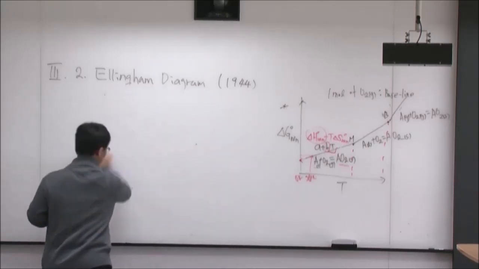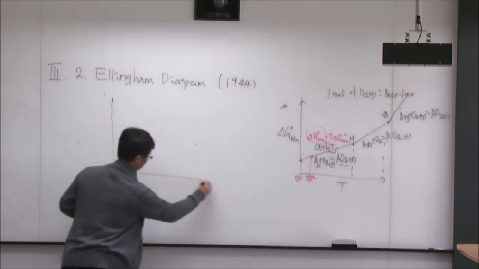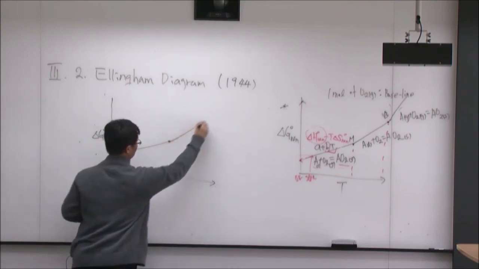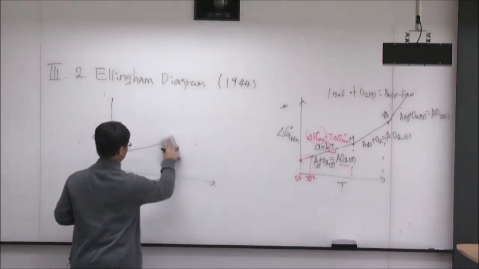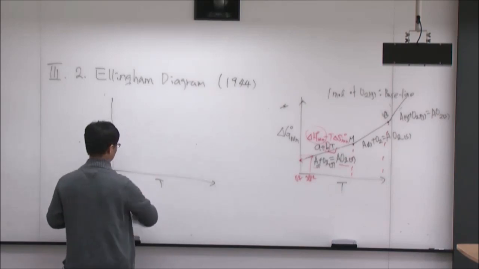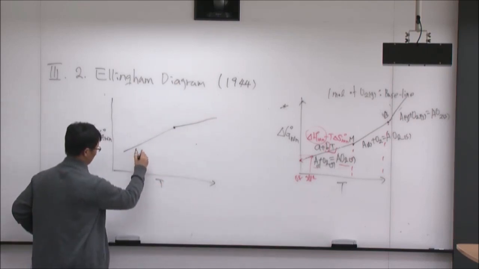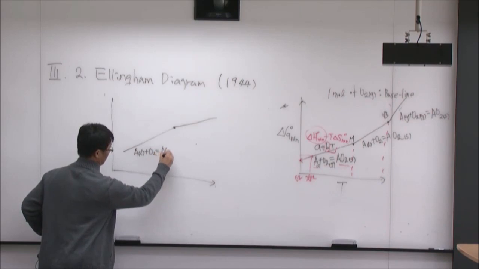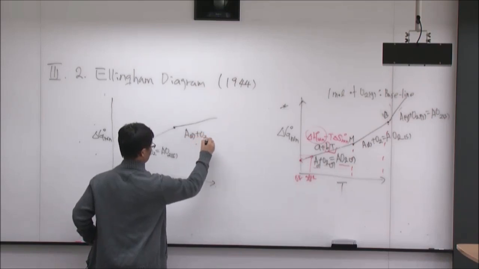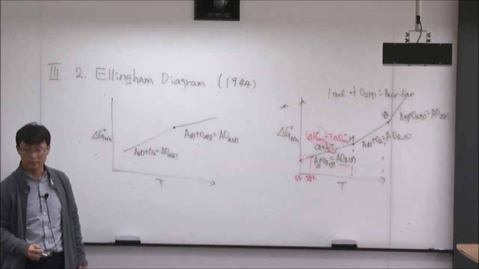Of course, there's also a chance for the oxide to become liquid phase too. So when that happens, for example, let's assume this T, when A is liquid, you can have this case too.